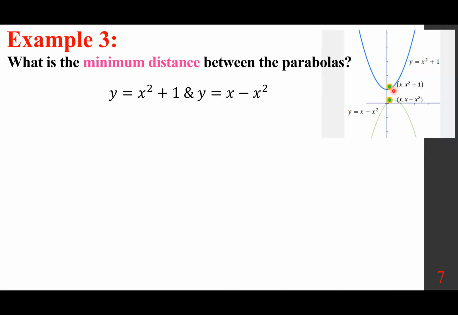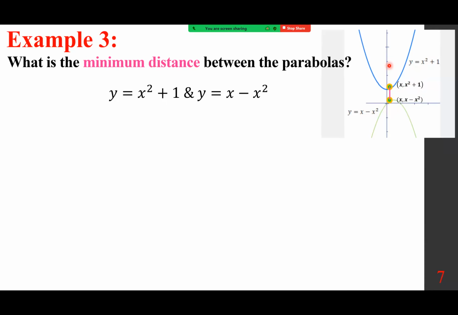This one has coordinates x and y, comes from this y. This one has the coordinates x and the y comes from this one. It's a vertical distance that would make it the smallest distance. This is the distance we are looking for.